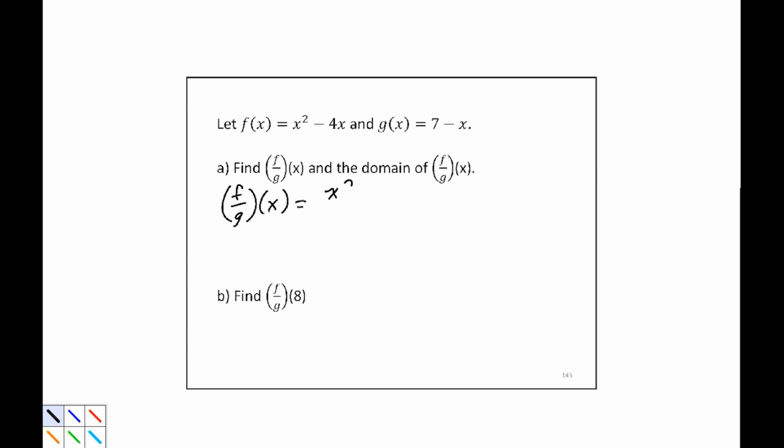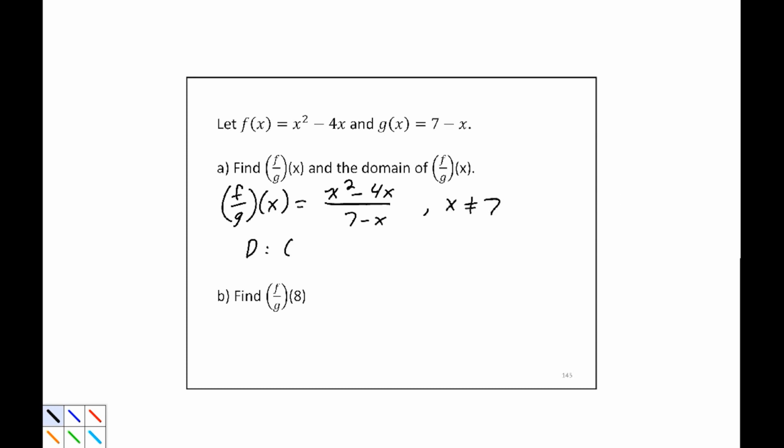So x squared minus 4x divided by 7 minus x. And that is our function. That does not simplify. So for our domain, we have to note that x cannot be equal to 7 because 7 minus 7 would then be 0. That tells us what our domain is.